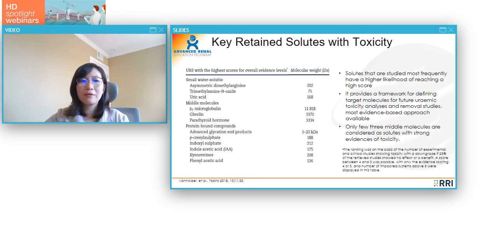So what did they find in this article? The left-hand side table summarizes those toxins that have been identified with the highest overall evidence levels. In this article, they look at different types of evidence.